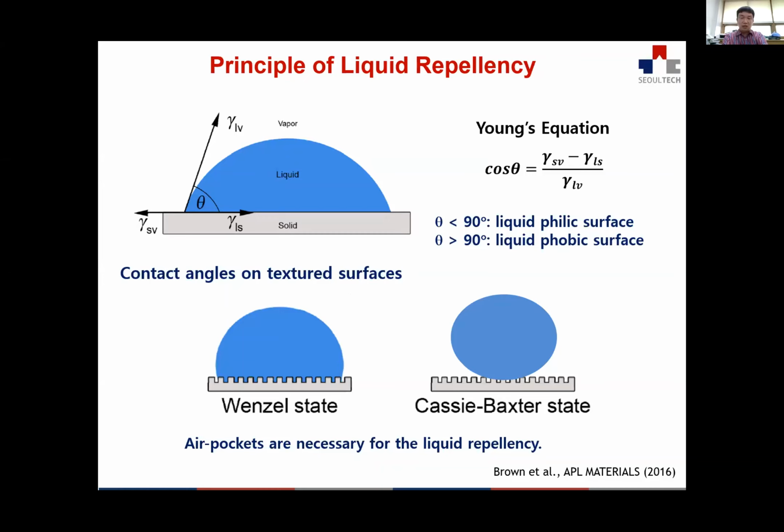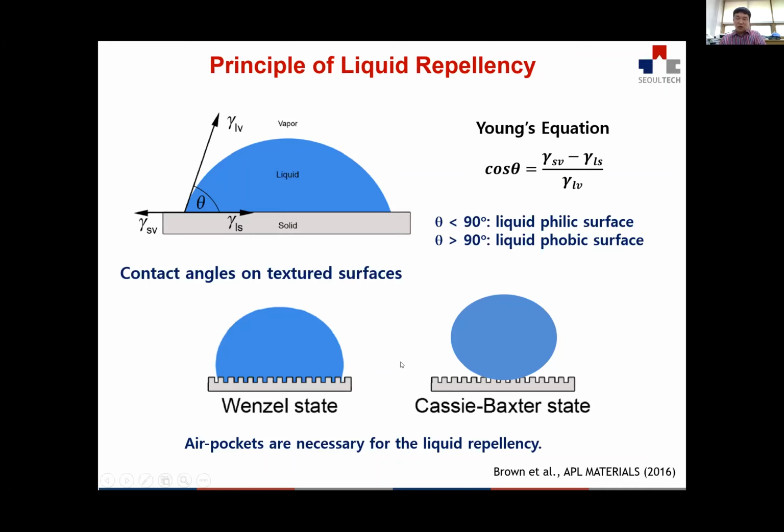In the Wenzel state, the interfacial area between the solid and liquid is greatly increased, and there is an amplification of wetting properties. However, because of the large interfacial area between the solid and the liquid, it is not good for liquid repellency from the solid.